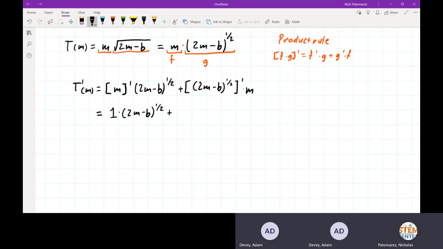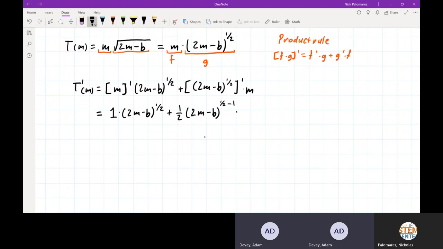And then what about this 2m minus b to the 1/2? It's 1/2 in parentheses 2m minus b. Oh, and then one thing in the exponent is going to be 1/2 minus 1, right? And I'm going to write it again.